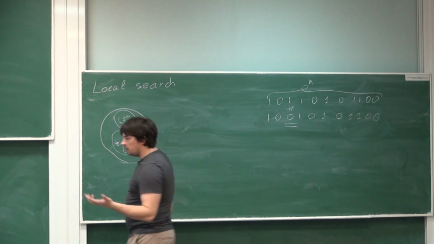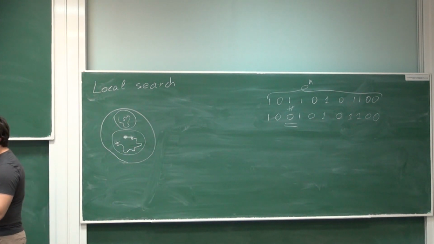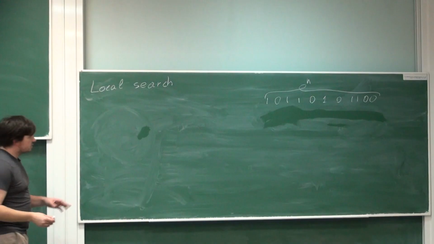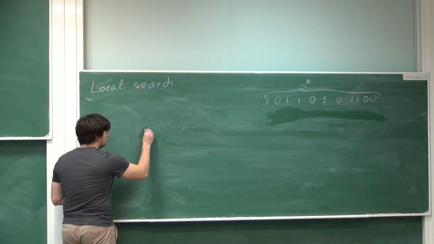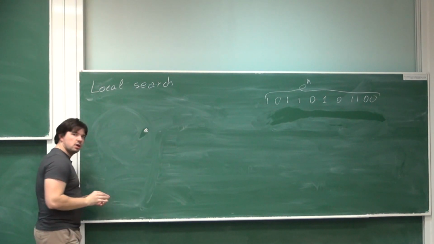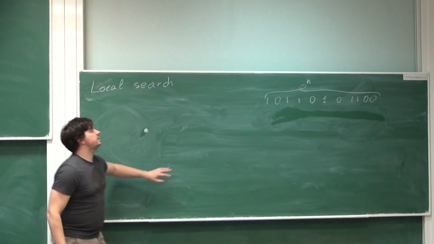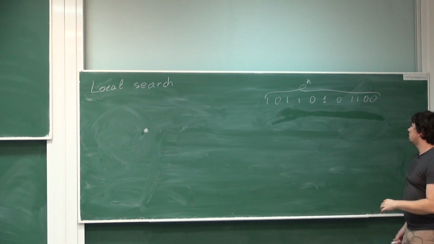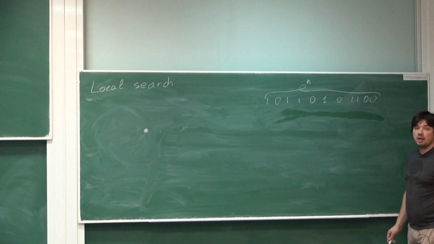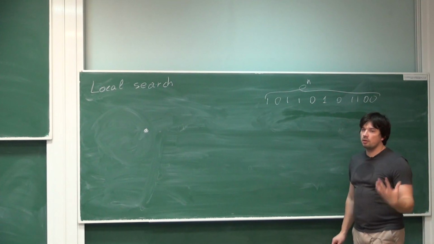So let's see what that wandering would look like. So here is a plan. We'll start with our starting assignment, and let's say it's this one. And we checked that it is not the correct assignment.